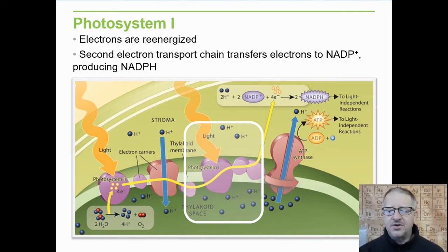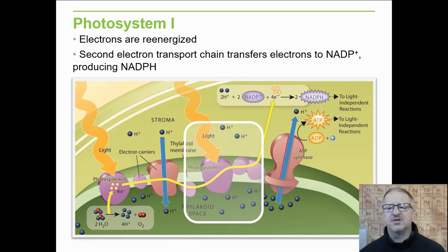At the end of a short second electron transport chain, the NADP plus molecules in the stroma pick up the high energy electrons along with some H plus ions at the outer surface of the thylakoid membrane, and that's when they become NADPH.